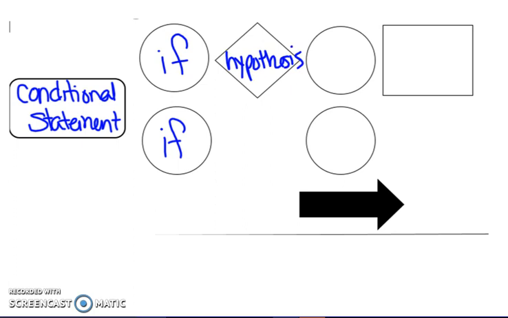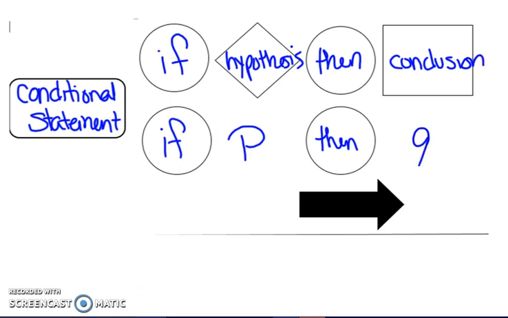When we talk about a hypothesis, this is going to be P. So if P, well, then after our hypothesis is our conclusion, and it's going to be Q. So if P, then Q is the same thing as saying if our hypothesis, then our conclusion.